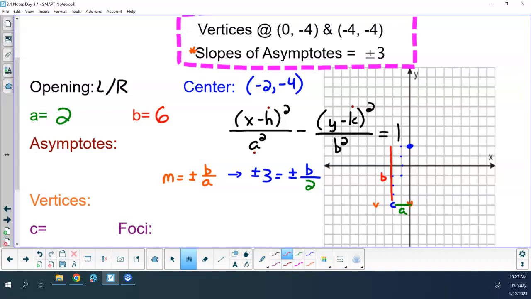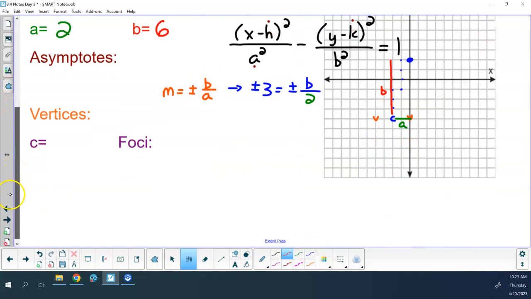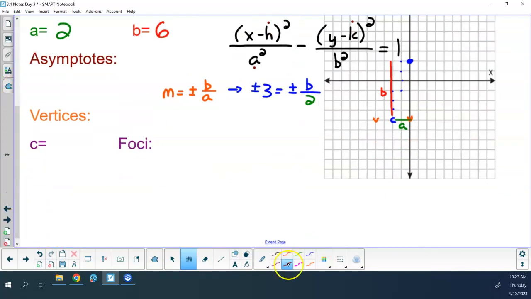Now we have enough information, correct? Because we just had to write the equation, that's all we had to do. I like that. So it's x minus -2, so that's x plus 2, quantity squared, all over a squared, 2 squared is 4, minus quantity y minus k.